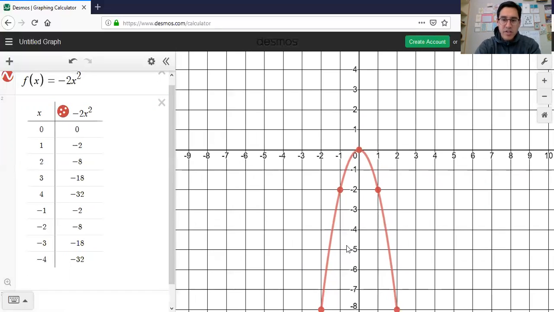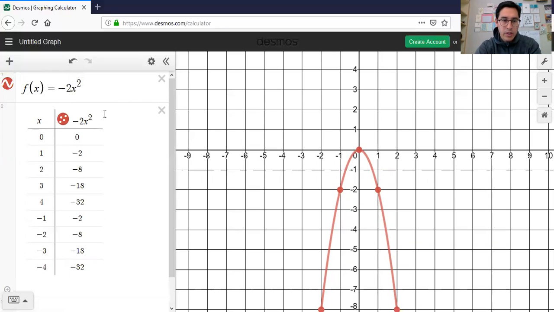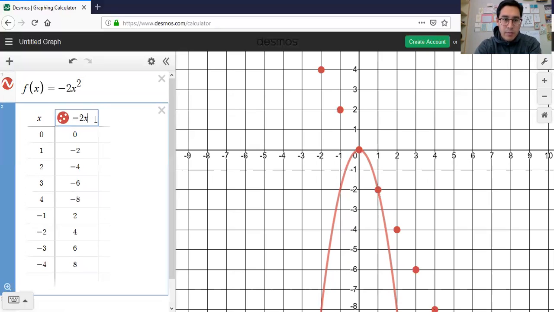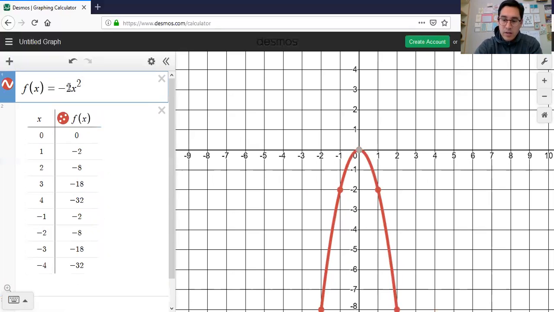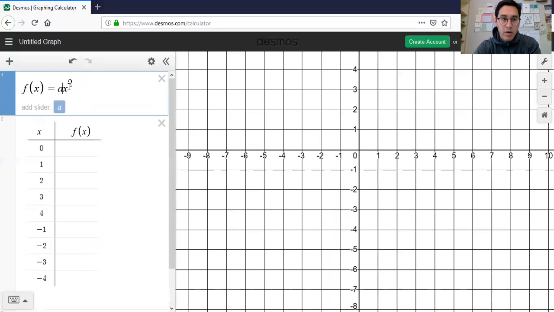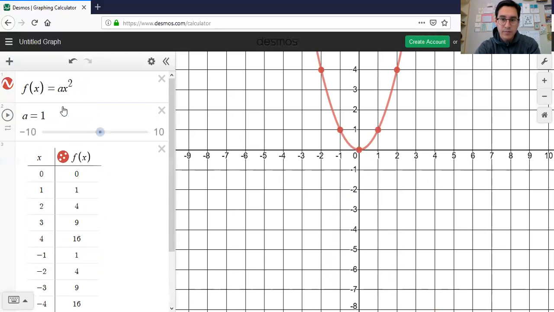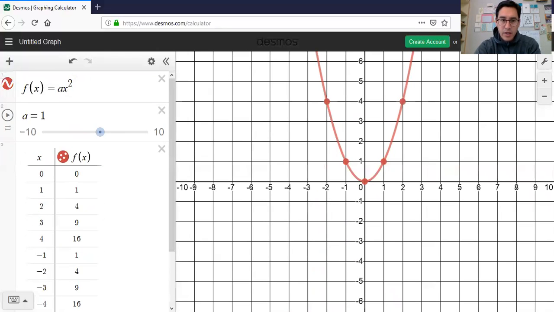All right, so let's just generalize now. I will just type this as a x squared, and let's use a placeholder here. I'll call it a. All right, so when a is 1, then our function is just 1x squared, and this is the basic parabola.